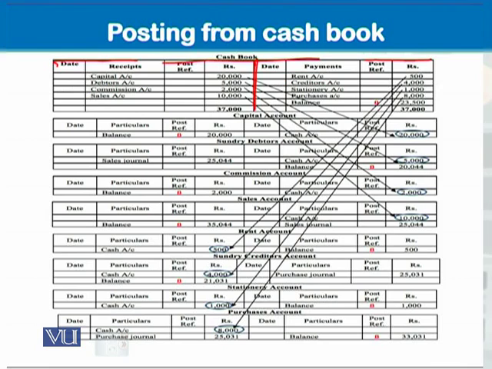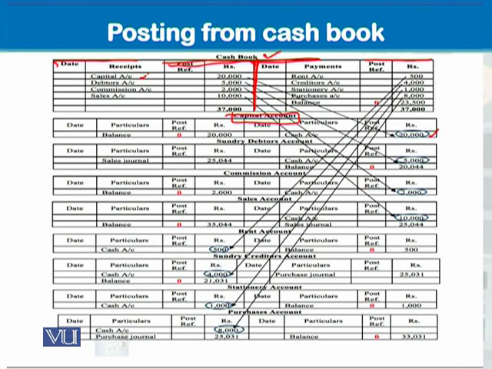Like this receipt is against capital, so go to the capital account. Cash was received because of capital, so just take it as a ledger account now, this cash account. If it is appearing in the debit side, left side is the debit side, remember, so it should be appearing in the credit side of capital account.